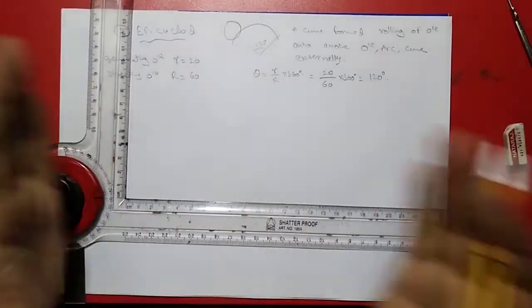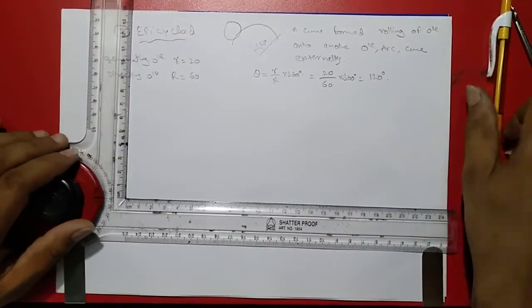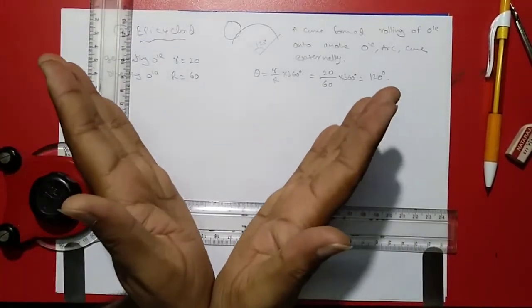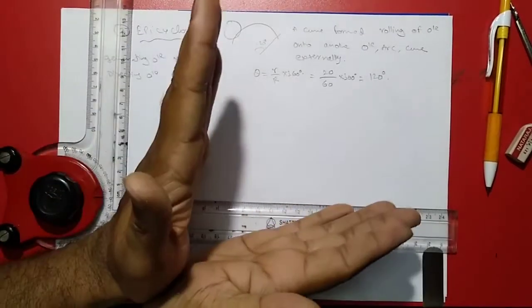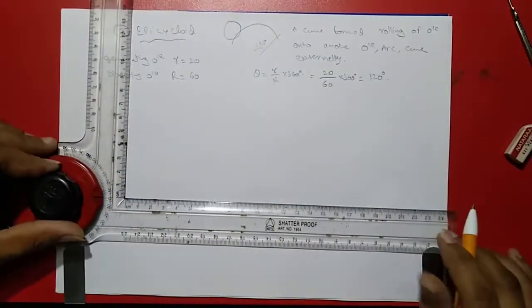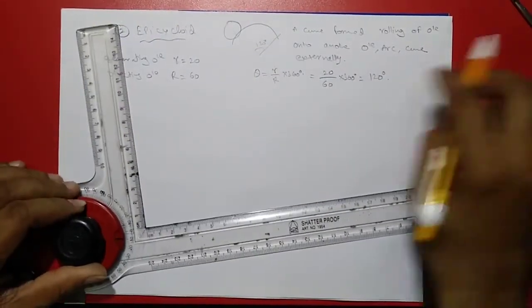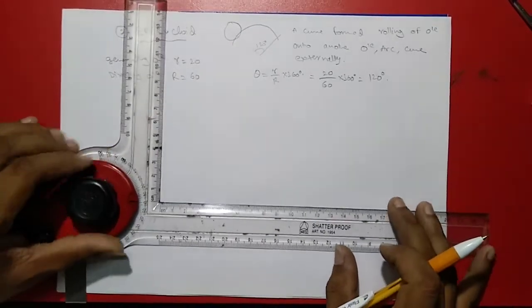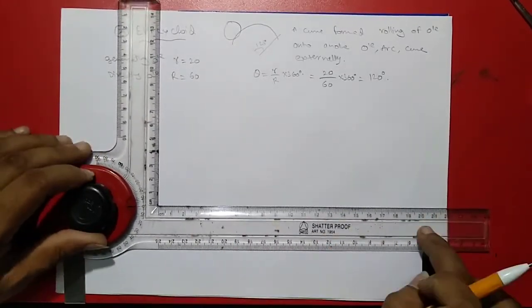Coming to drawing this curve, I'll be placing the figure centrally like this, not like this or like this. So I'll place the curve centrally, so I'll have to take the 120 degrees here. Actually this is the 0 degrees, right?